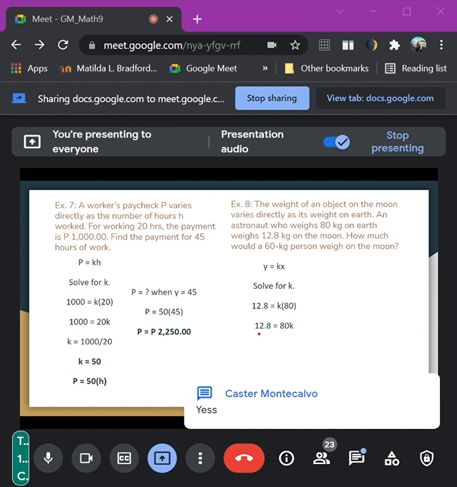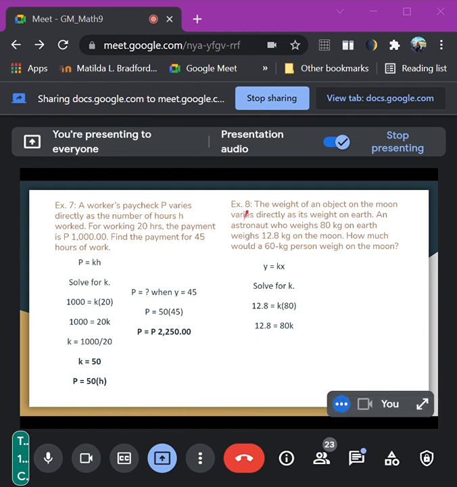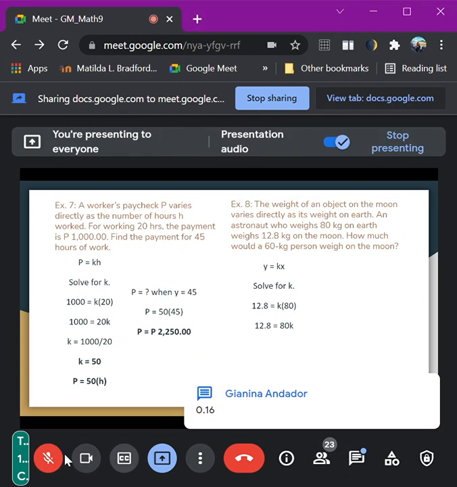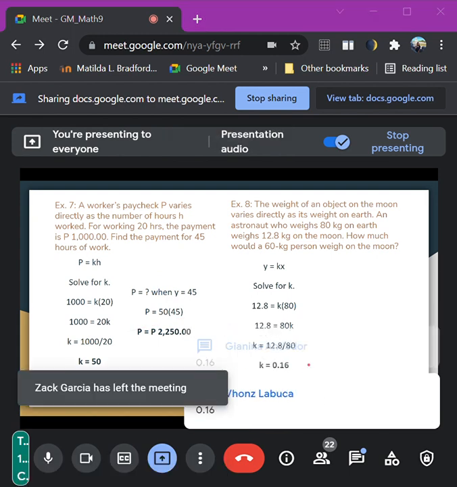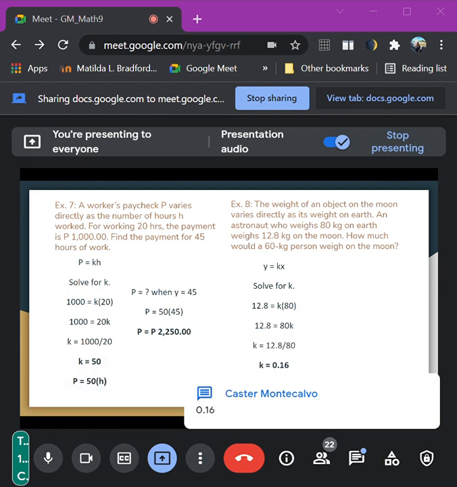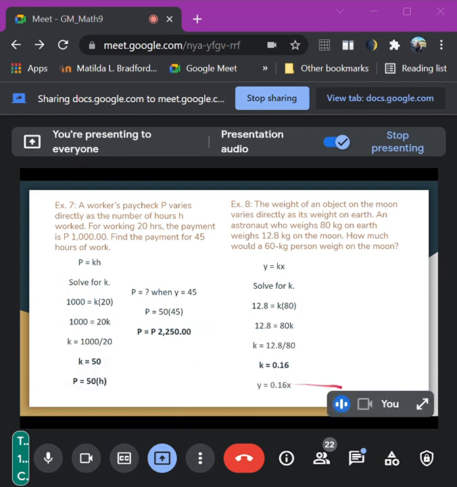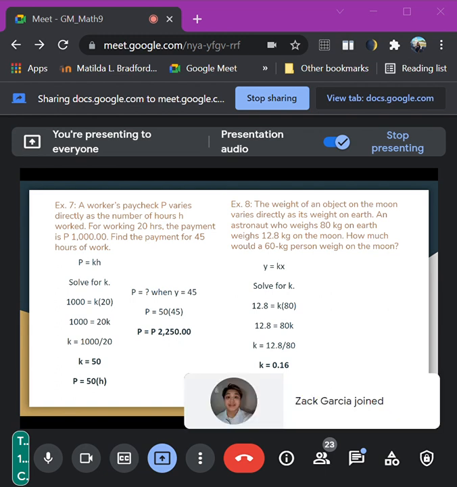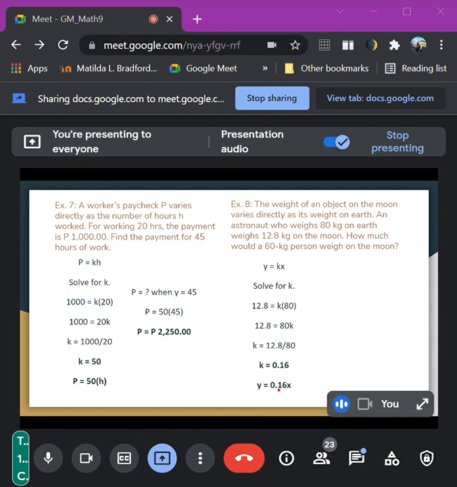Pila siya, class? 12.8 divided by 80. Okay, that is 0.16. Very good. Now, what is our equation of variation? That is y is equals to 0.16 times x.